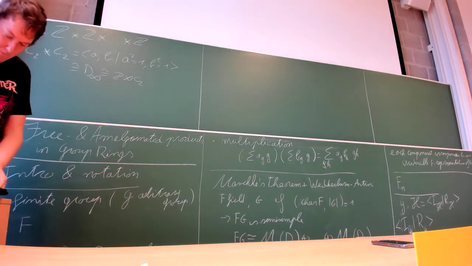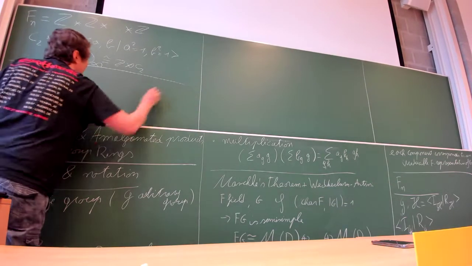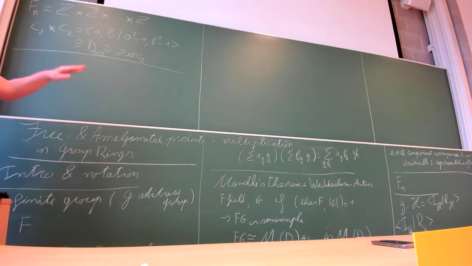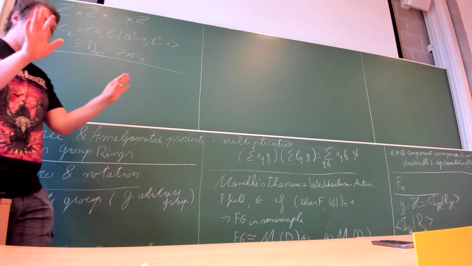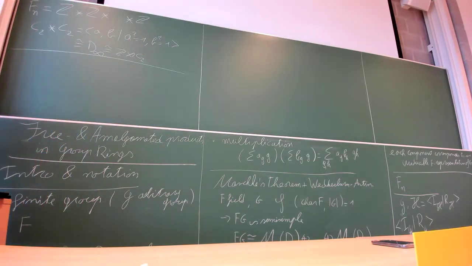Okay, cool. Now I want to go a couple steps further. In such a free product, you're just taking two groups and you're just smashing them together and creating whatever. Now I want to do this a bit more smartly.